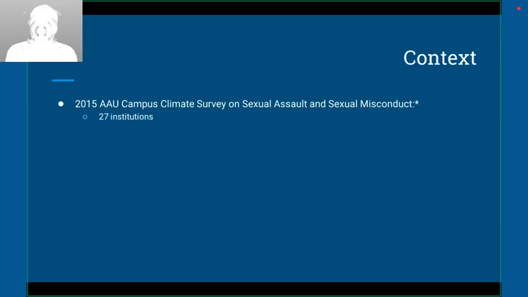There were 27 institutions of higher education that participated in this very large-scale campus climate survey, where the AAU took standard definitions and applied them to students who responded to the survey at these 27 different institutions to get some data across the board about what people were self-reporting their experience to certain behaviors.